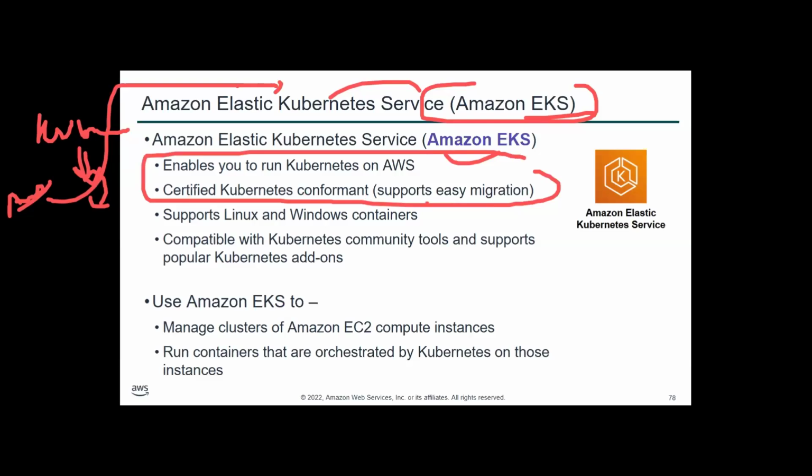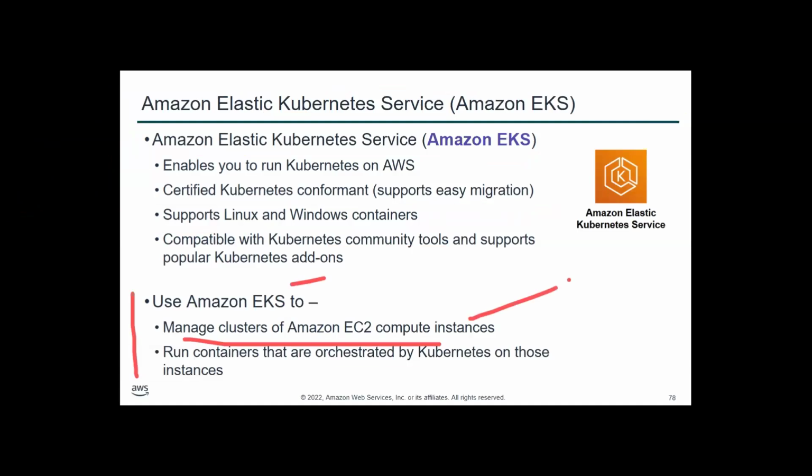Now here you can see it is compatible with all Kubernetes community tools, supports and popular add-ons. Use Amazon EKS mainly to manage clusters of EC2 compute instances. If you have launched that, you can use Kubernetes and run containers that are orchestrated by Kubernetes on those instances, which is already running.